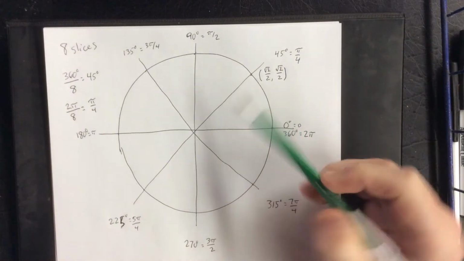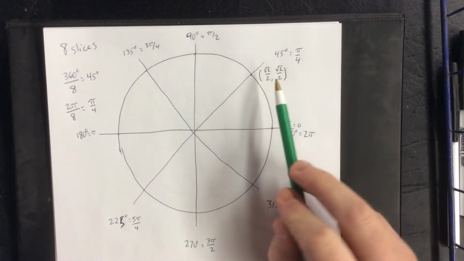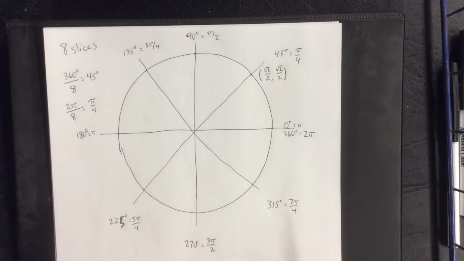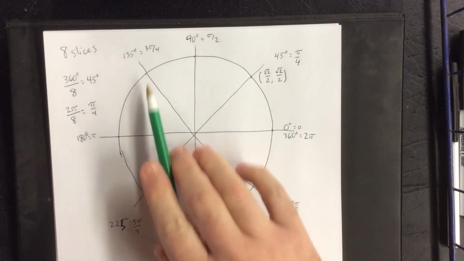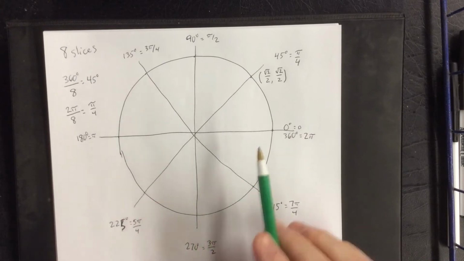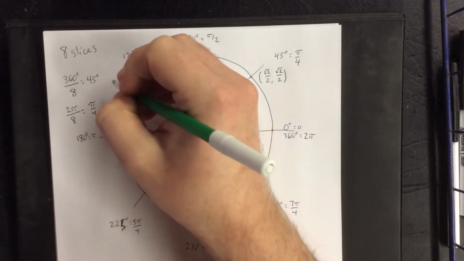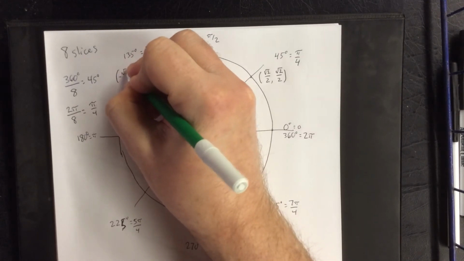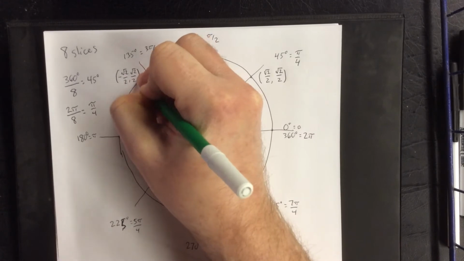You'll also notice that the 45 degree angle is the same as the line y equals x, so I would expect the x coordinate and the y coordinate to be the same. Now, to take this and put it into other quadrants, it's simply a matter of saying, have I moved left or right, and have I moved up or down from the origin. For example, in quadrant 2, I would expect the x coordinate to be negative, and the y coordinate to be positive.